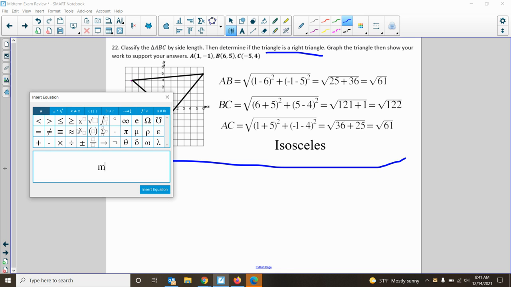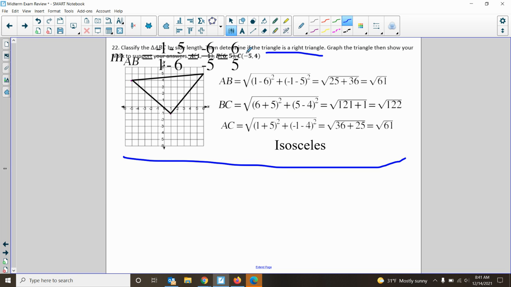So slope AB, y is on top, so it's negative 1 minus 5 over 1 minus 6. Negative 1 minus 5 is negative 6 on top. 1 minus 6 is negative 5, and we get a slope of 6/5 for AB.